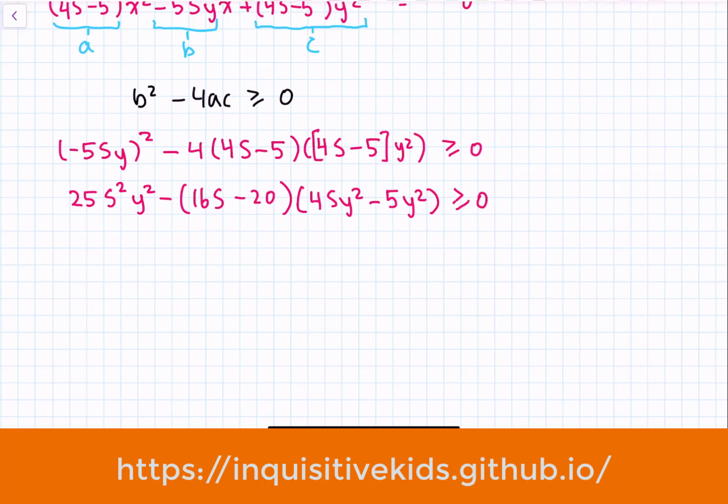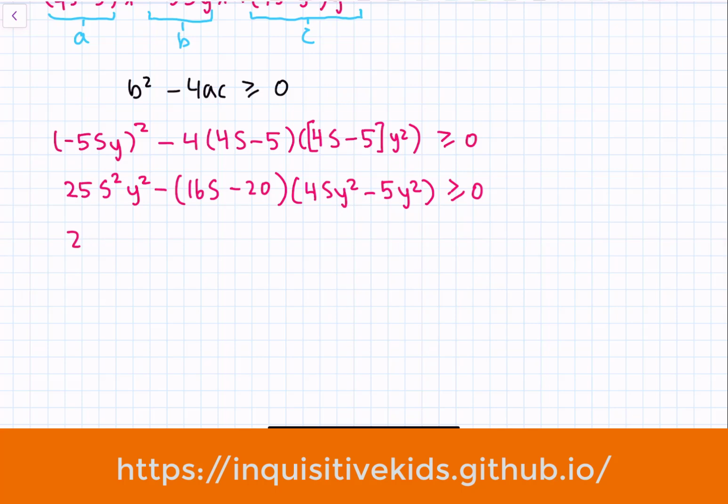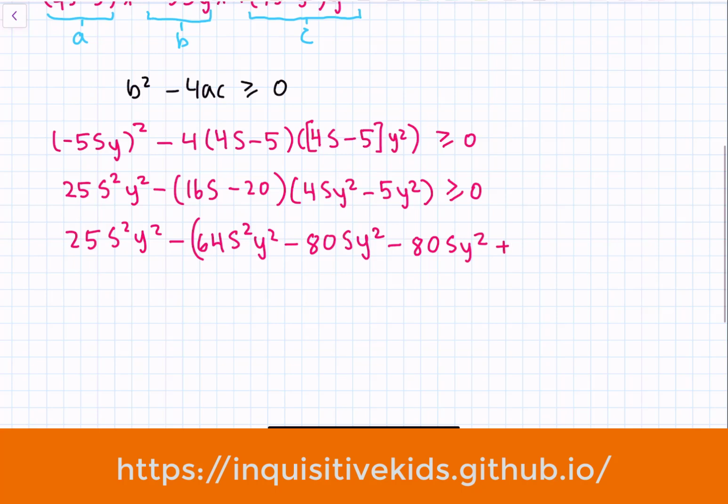And now we're going to simplify again to get 25 s squared y squared minus 64 s squared y squared minus 80 sy squared, and then minus 80 sy squared, plus 100 y squared is greater or equal to 0.